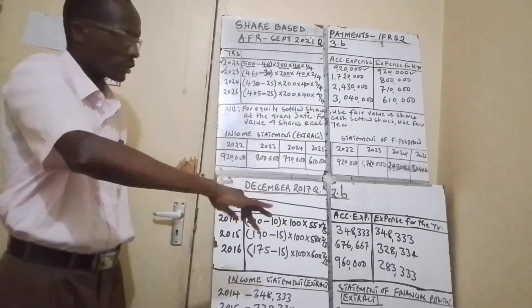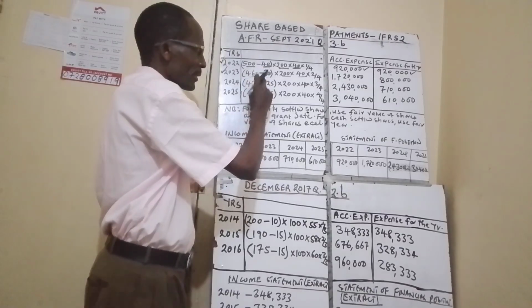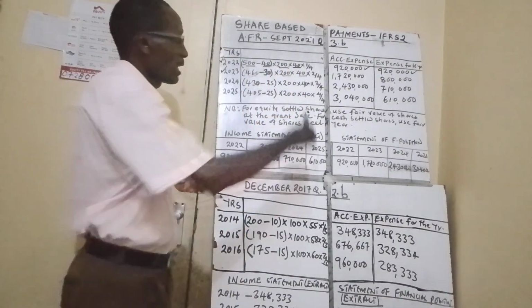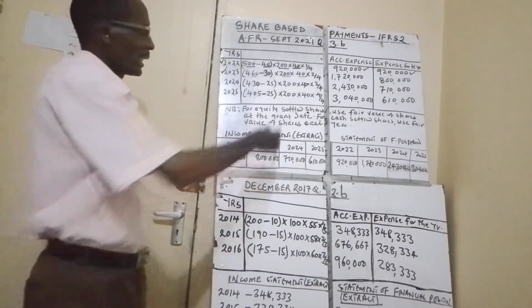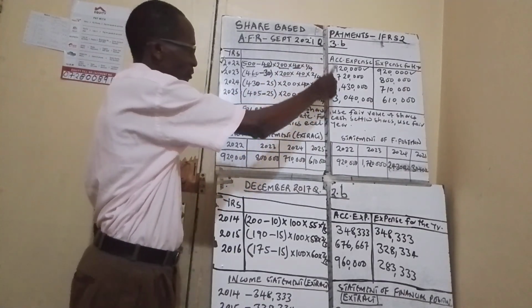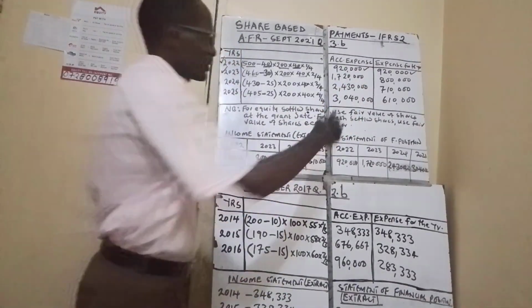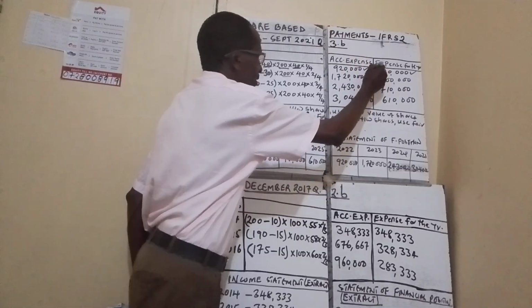That does not change. So 460 minus 30, times 200, times 40, times 2 over 4, because we are in the second year and there are 4 years. You get 1,720,000. So this is the accrued expense.